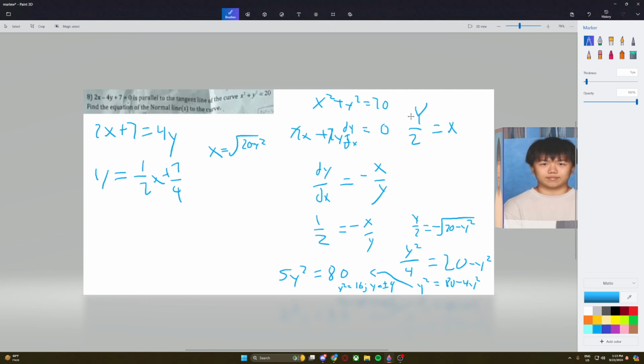So negative 4 over 2 gives x equals 2, and positive 4 over 2 gives x equals negative 2. So that would mean the points are negative 2 and positive 4, and 2 and negative 4, when you plug in y equals plus or minus 4.